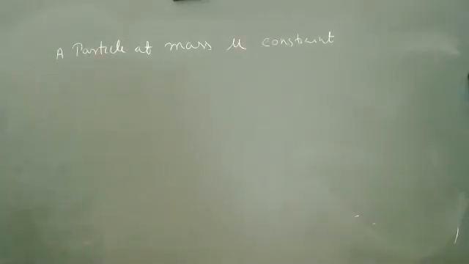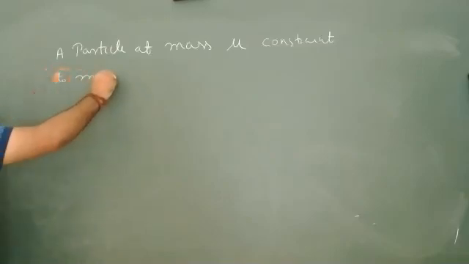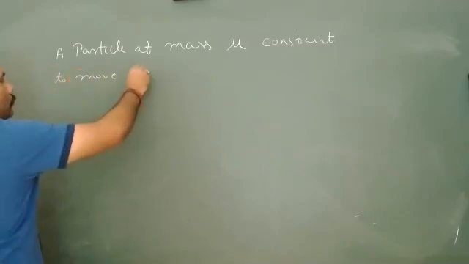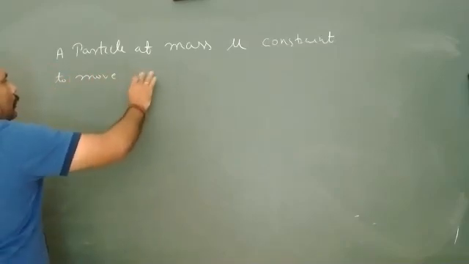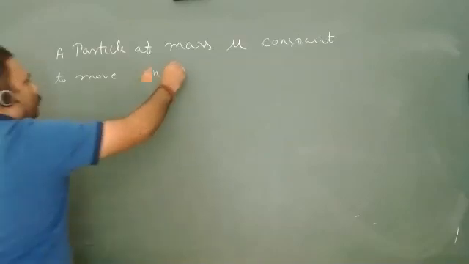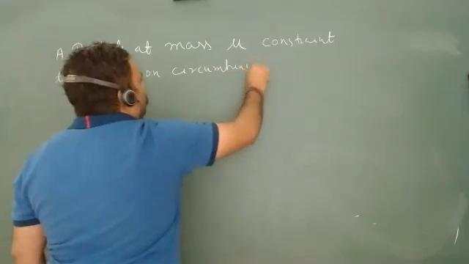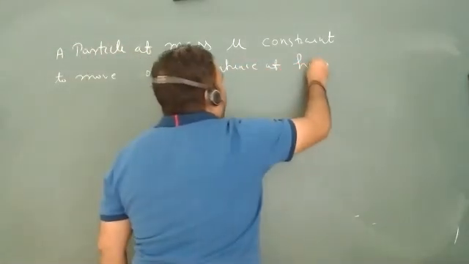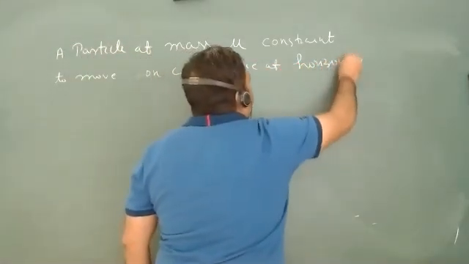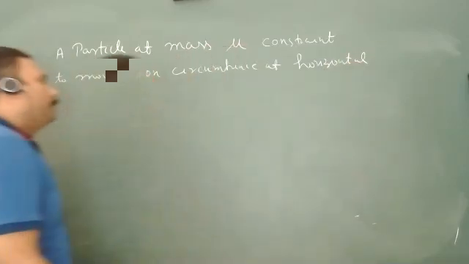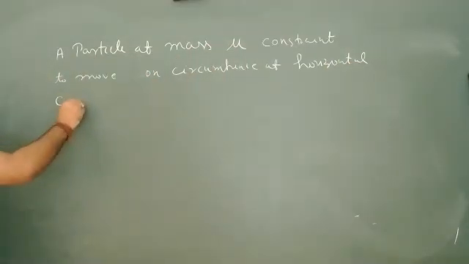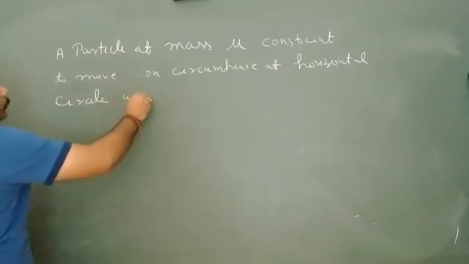The particle of mass mu is constrained to move on the circumference of a horizontal circle with radius a.